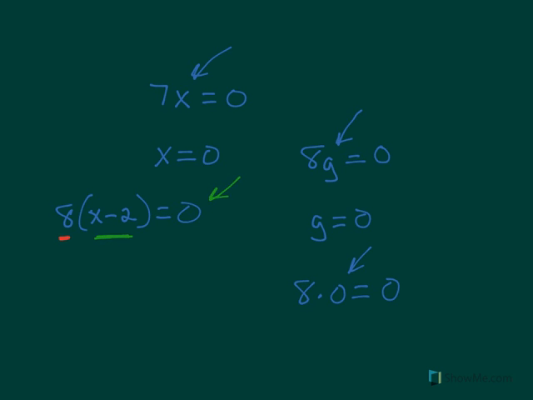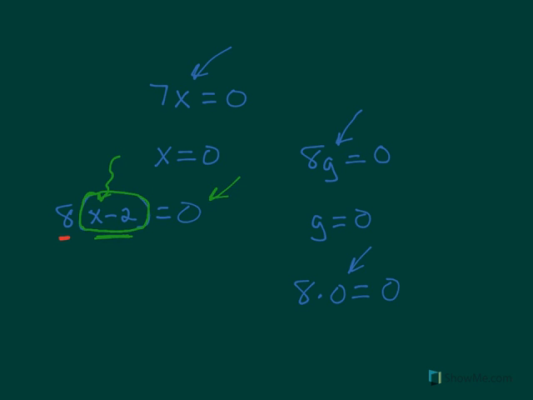So what we can determine is that the parentheses, x minus 2, this value right here needs to be 0, so you get 8 times 0 equals 0. So x minus 2 has to be 0.